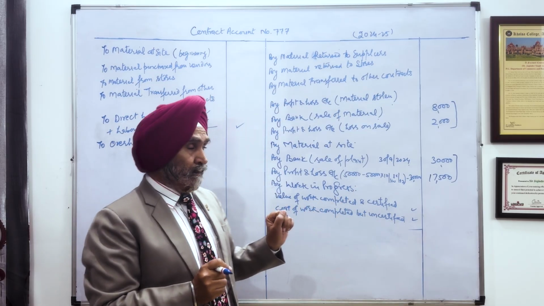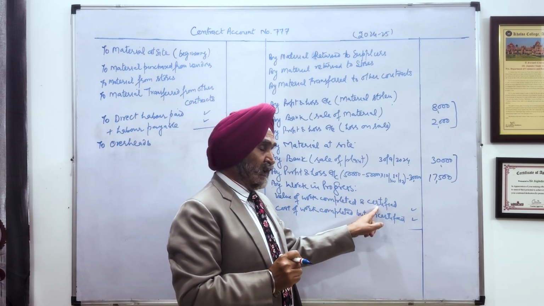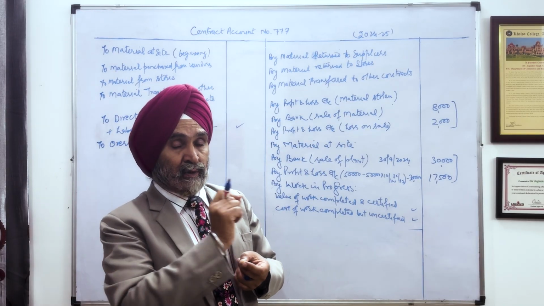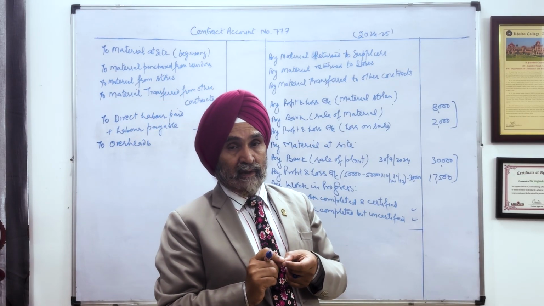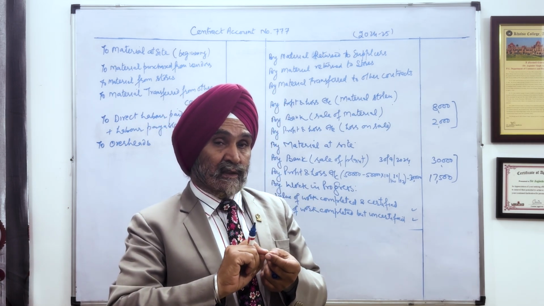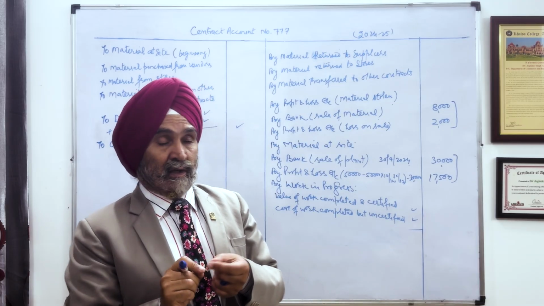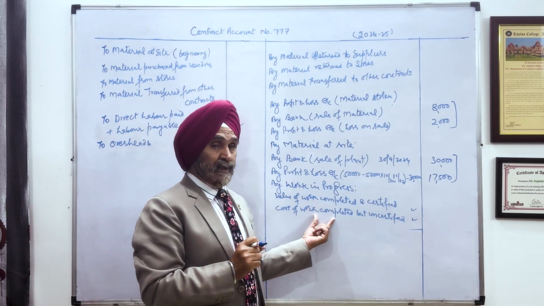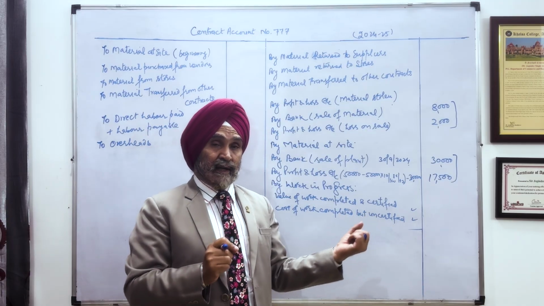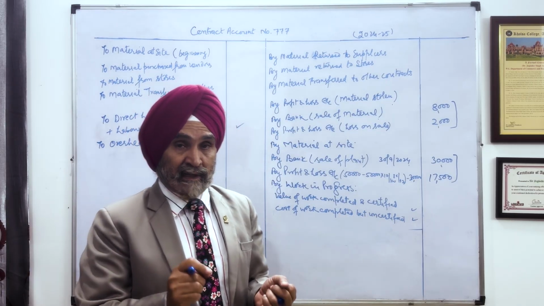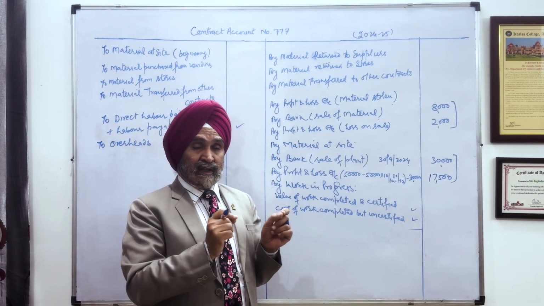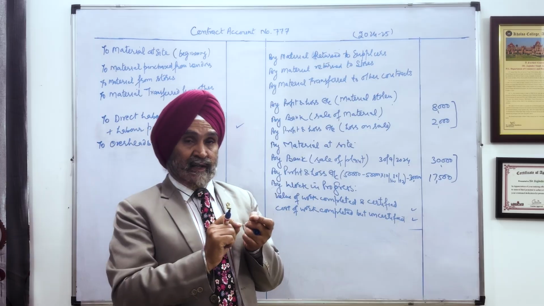For example, work was certified up to 28th February, say 2025. For 1 month, from 1st March till 31st March, whatsoever work has been completed and which is not yet certified by the architect, by the valuer, by the engineer, its cost incurred since that date.